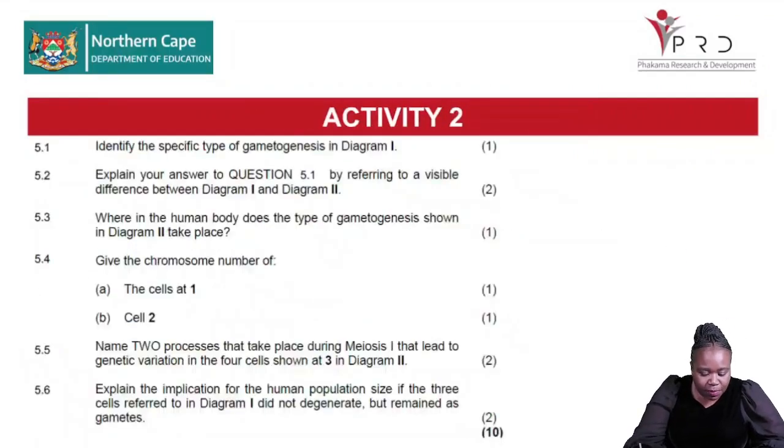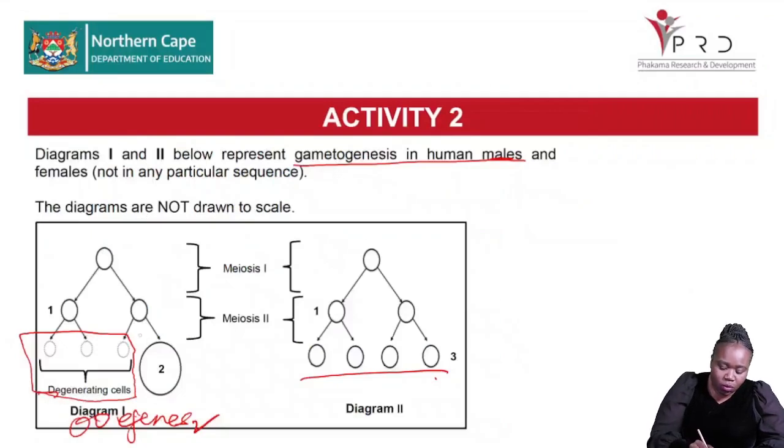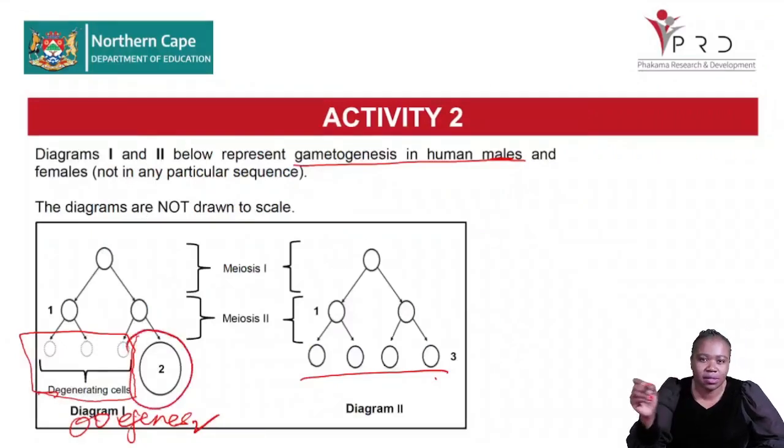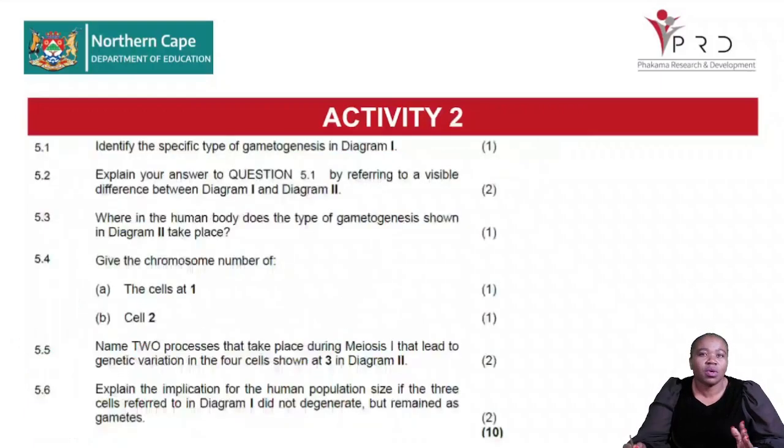Explain your answer to 5.1 by referring to a visible difference between diagram 1 and diagram 2. As I have said, in diagram 1, only one cell survives, whereas in diagram 2, all of the cells survive. This tells us that this is the spermatogenesis process, whereas here we have the oogenesis process, whereby only one ovum is going to be produced.